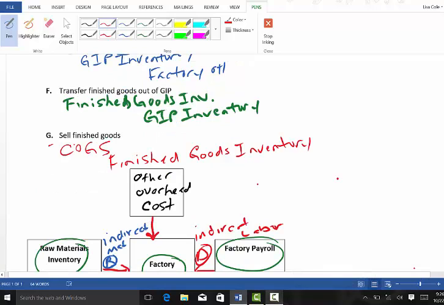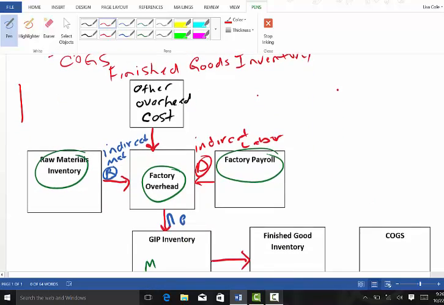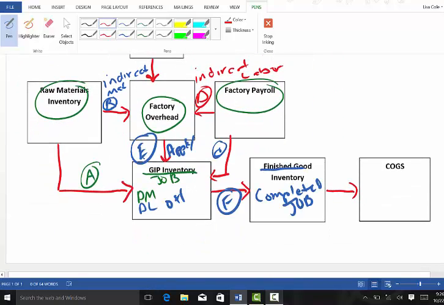Okay, I did the entry. So we would debit cost of goods sold, and then we would credit finished goods inventory. And so that is the entry that we would do when we finally sold the good. So if we look back down here at the bottom, that's that last entry, and that's when it's sold.